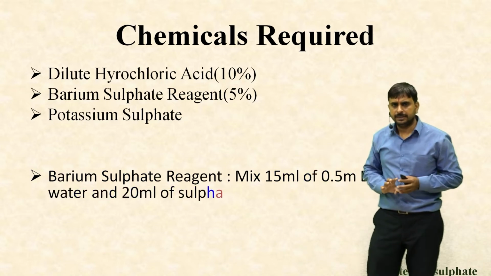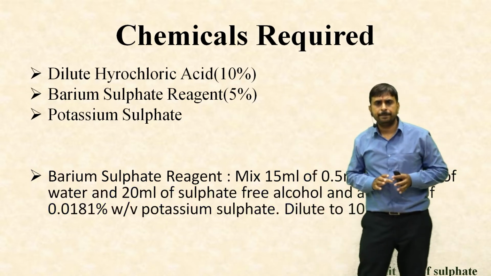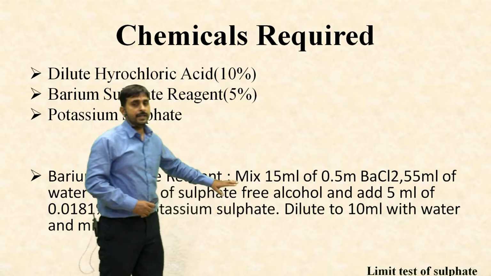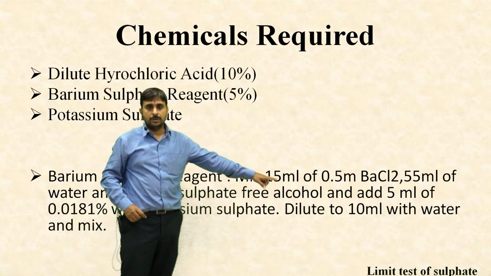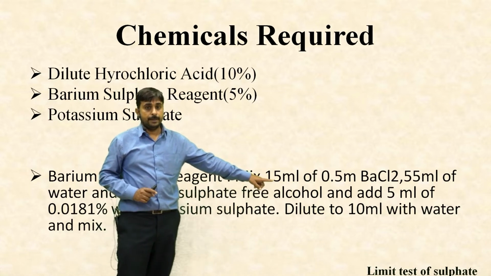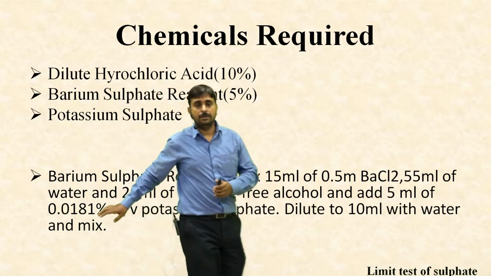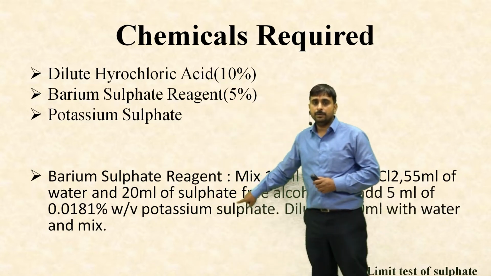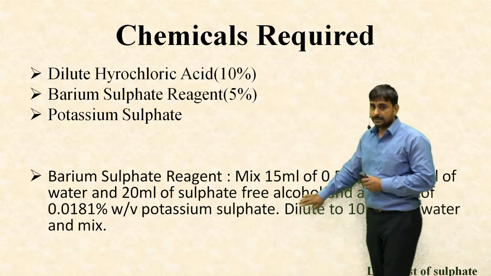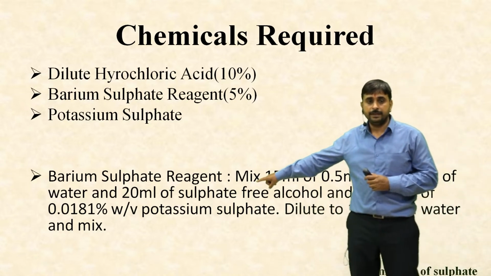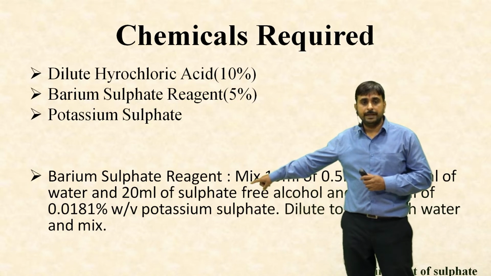Barium sulfate reagent is prepared by mixing 15 ml of 0.5 M BaCl2, barium chloride, with 55 ml of water, 20 ml of sulfate-free ethanol, and 0.0181 percent weight by volume potassium sulfate.